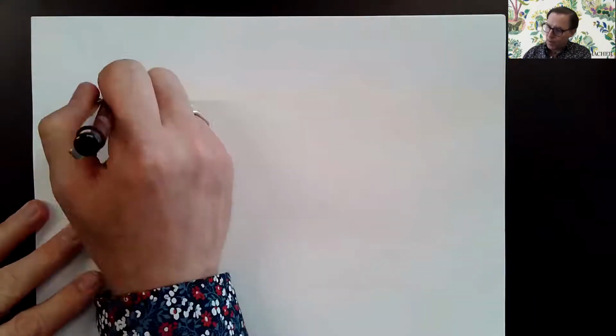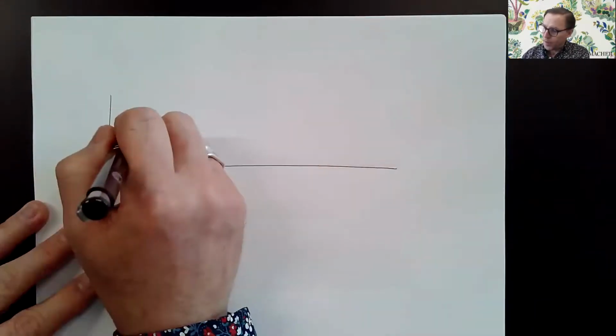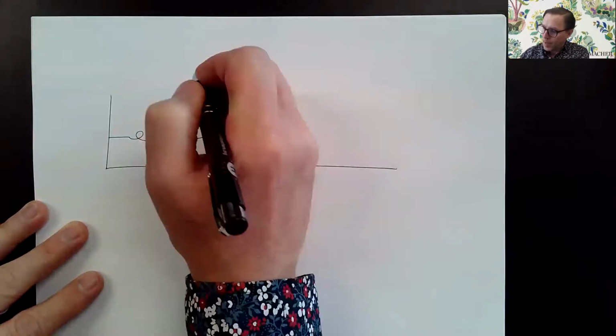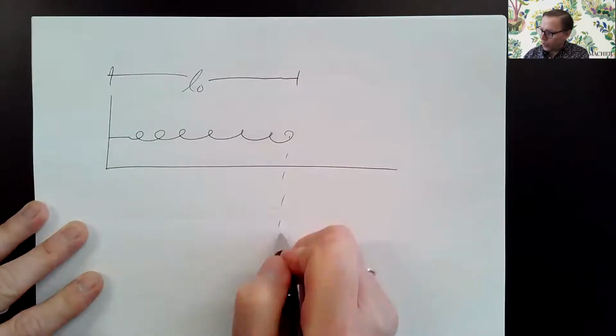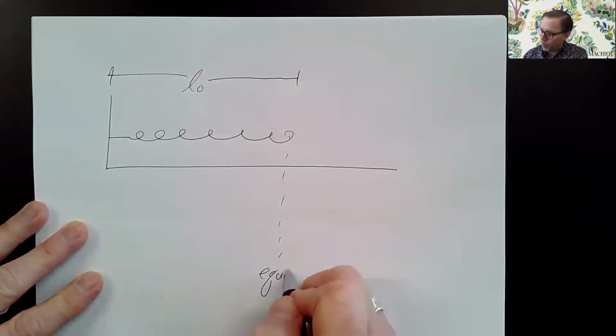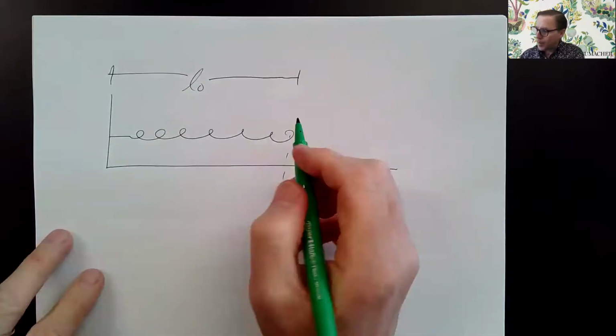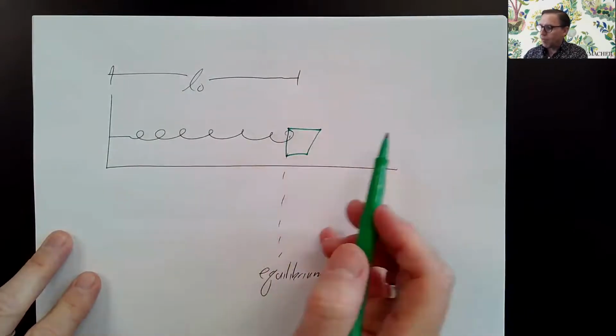So let's go back and talk about the spring here. L naught, equilibrium. And now I've got my block that's going to go back and forth.